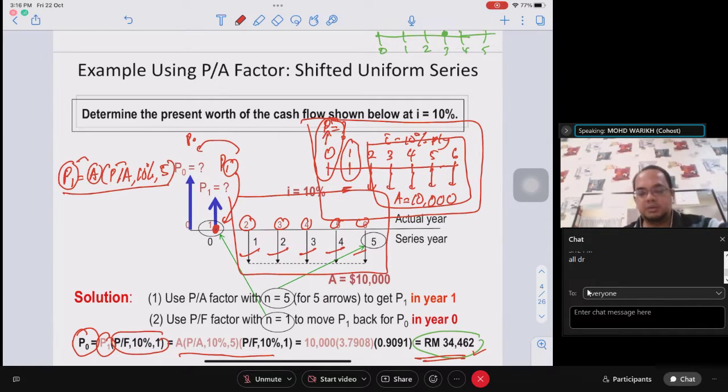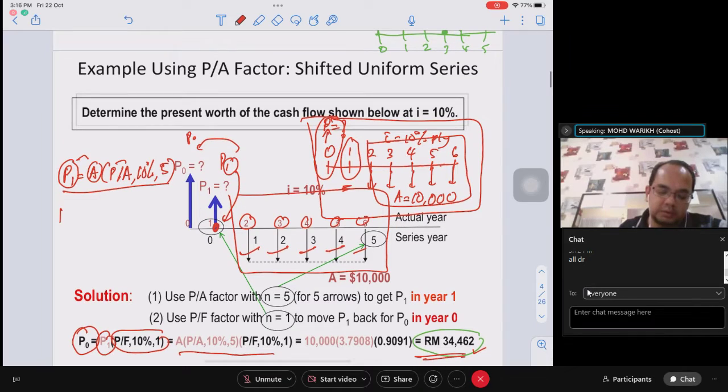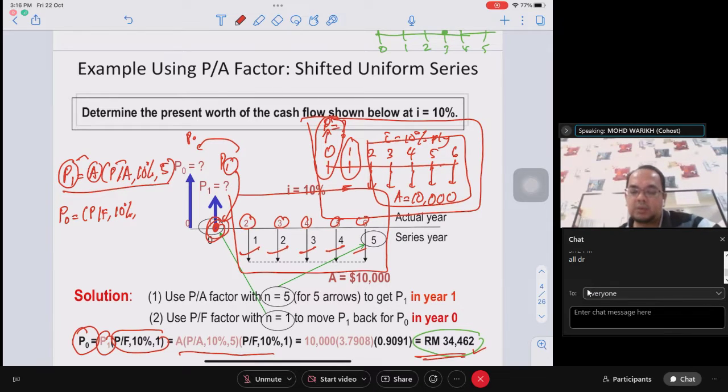Okay, so for the P0 start, what is the point here? Okay, it's PF. It doesn't change. Kalau senang dia akan start dengan PF. Kita akan tanya lain kalau point dia. Okay, so start with PF, I 10%. It's number 1, year 1, so it's 1 multiplied by A, 10%, 5.